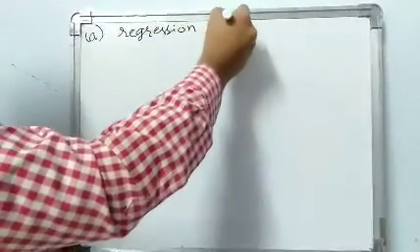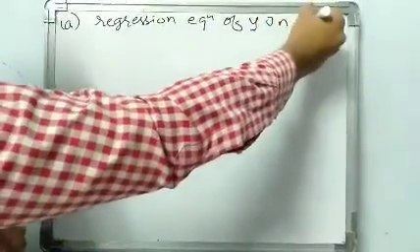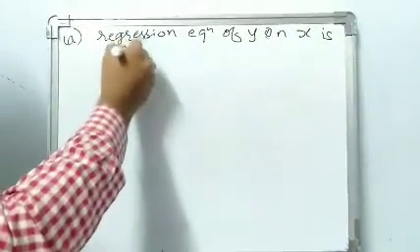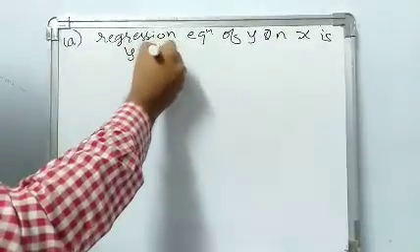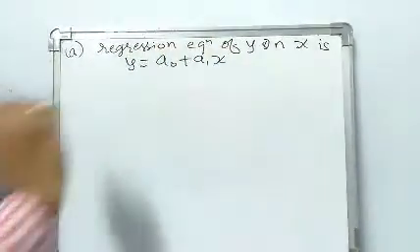For A, we know that the regression equation of y on x is y equals a0 plus a1 of x.